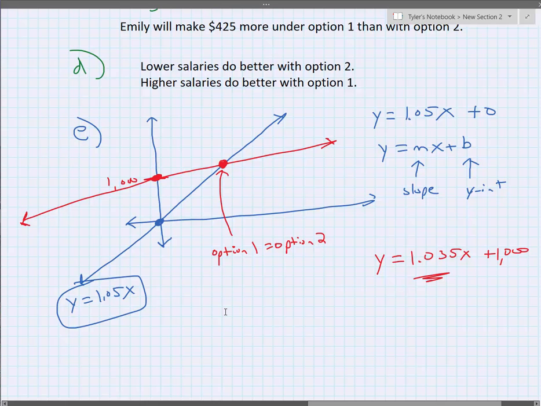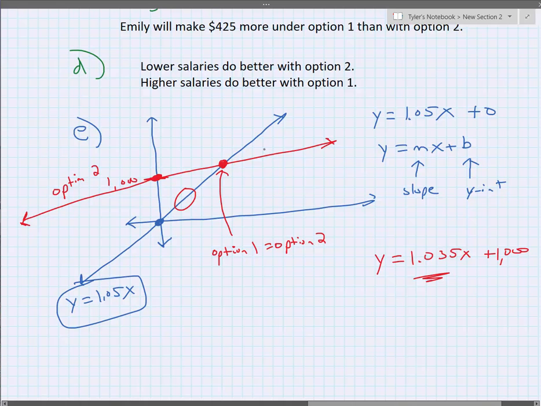So that can exist. And notice, from $0 up to that point, this blue line is less than, right? All the blue points are below the red points. So this is showing option 2 as better until you get to this point, and then notice what happened.